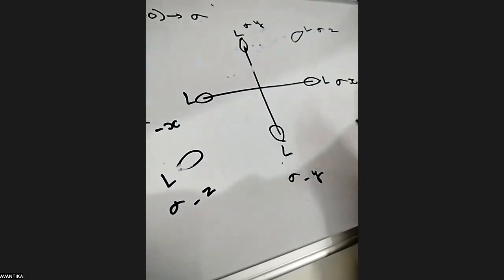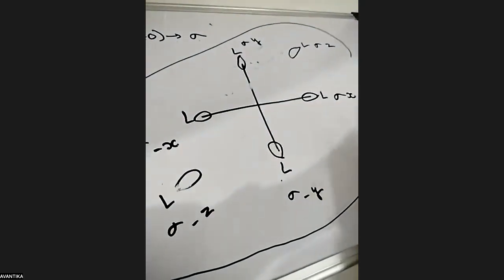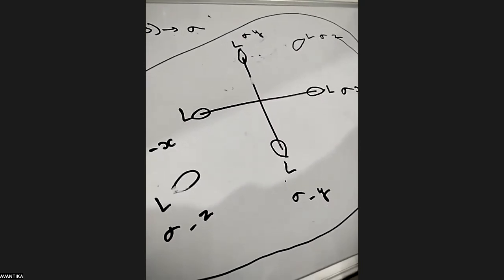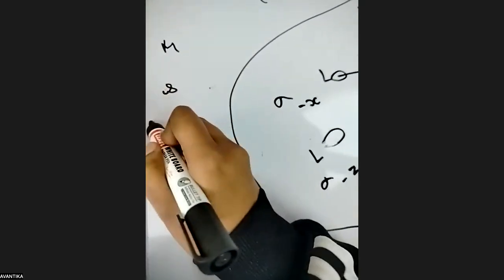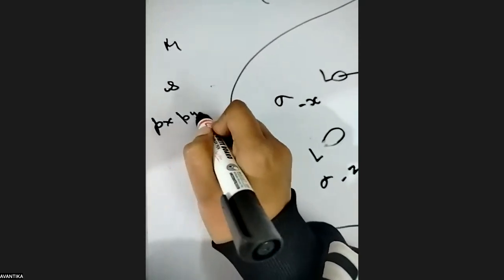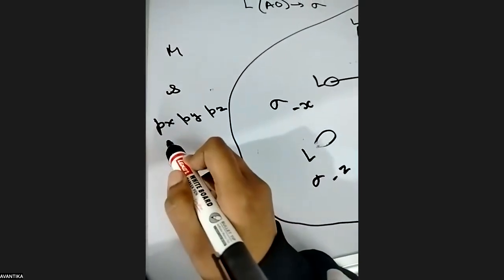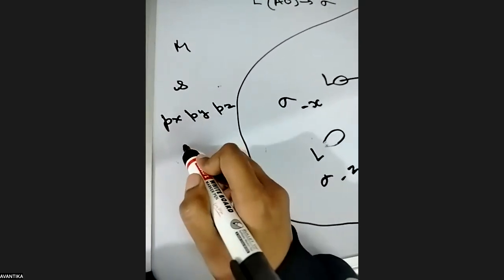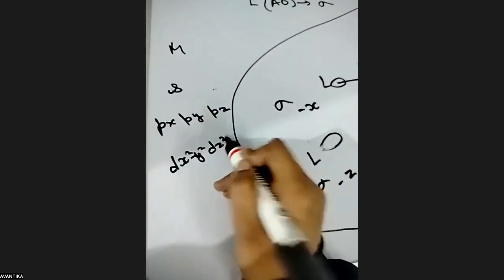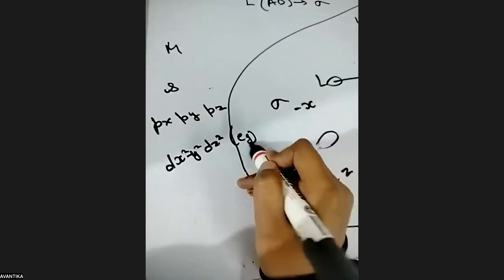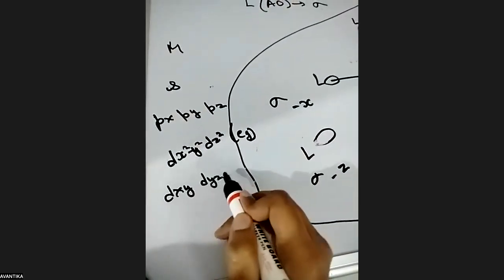So these ligands will combine. This is the ligand group orbital, and we have to combine it with the metal. The metal contains one s orbital, 3 p orbitals, that is px, py, and pz, and 5 d orbitals: dx square minus y square and dz square orbitals, that are eg, and dxy, dyz, and dxz, that are t2g.